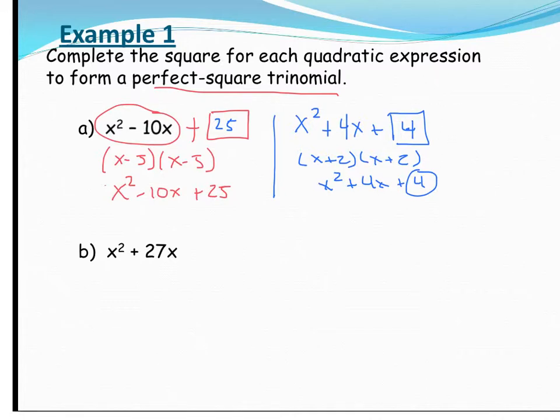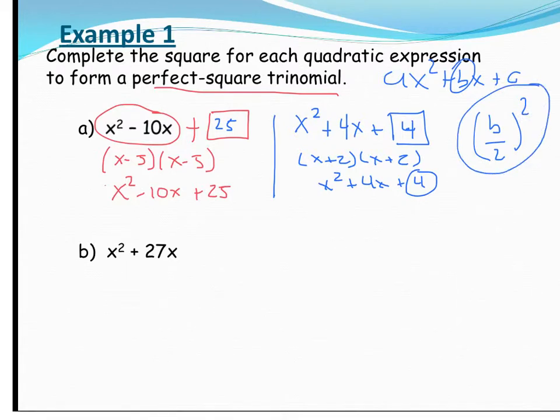How do we get this last number? We had to multiply the 2 and the 2 together. So in our standard quadratic, the middle term is b. To get the term to add in, we take b, divide it by 2, and square it. That's the process we go through to add that new number in. Notice that b divided by 2 is the actual number we put in our factored term.